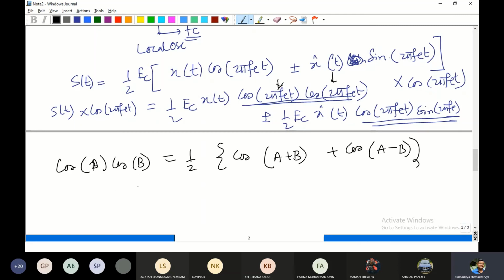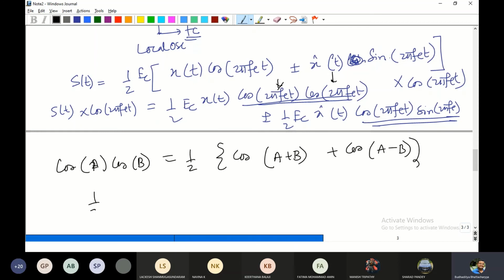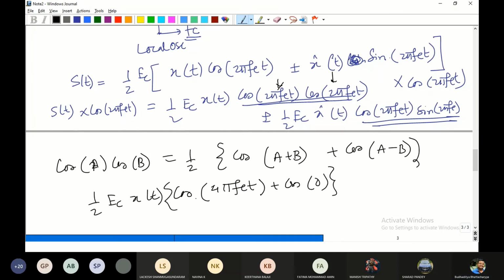So this part comes as half of EC X(t) times cos of 4 pi FCT plus cos of 0, and with the extra half, this becomes 1/4. So this is for the first part.